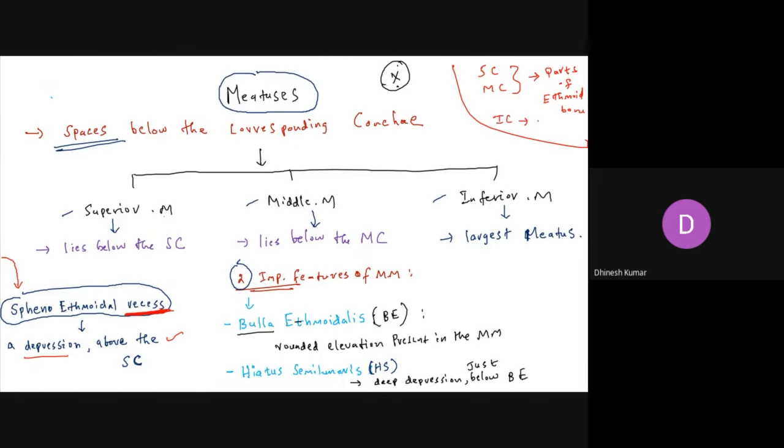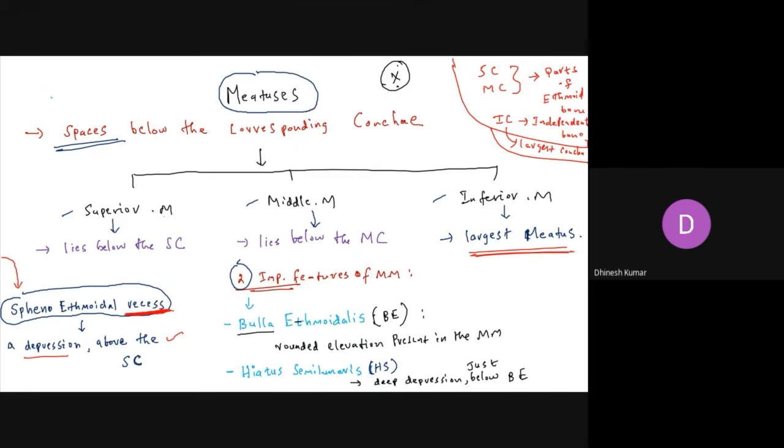The inferior concha is an independent, that means separate, bone, and it is the largest concha. Out of the three meatus, the largest meatus is the inferior meatus. So inferior concha is the largest concha, and inferior meatus is the largest meatus.